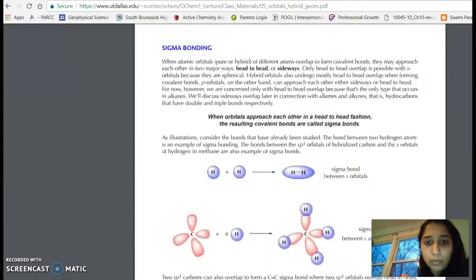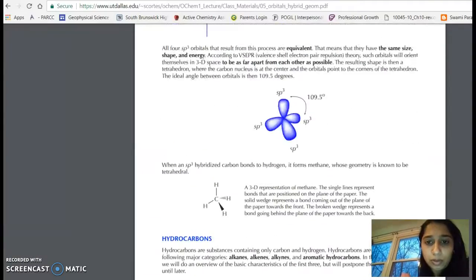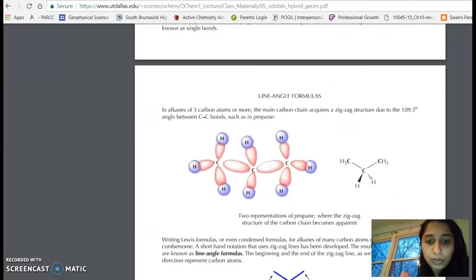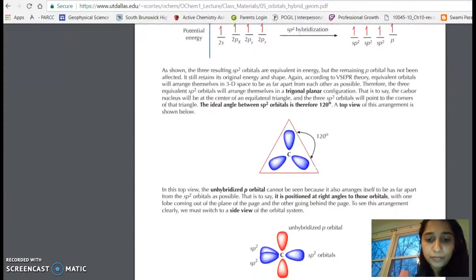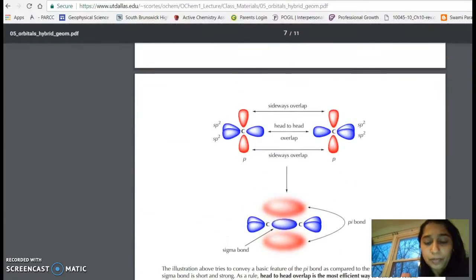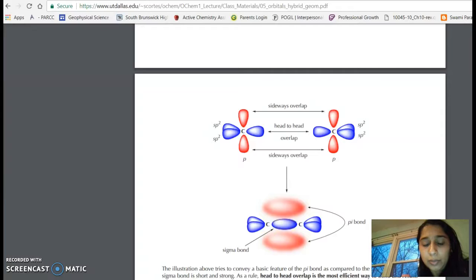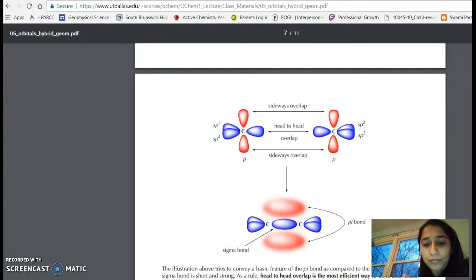Let me find that. Okay, right here. So draw the pi bonds, sideways overlap. Sideways overlap makes a pi bond.